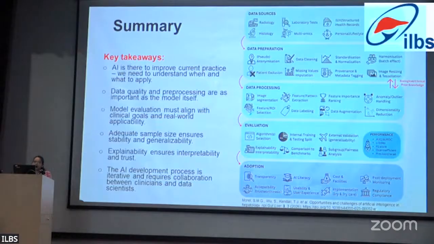We should identify a really relevant clinical question for AI application. Adequate sample size ensures stability and generalizability. Explainability ensures interpretability and trust. And the AI development process is iterative. It requires collaboration between clinicians and data scientists.